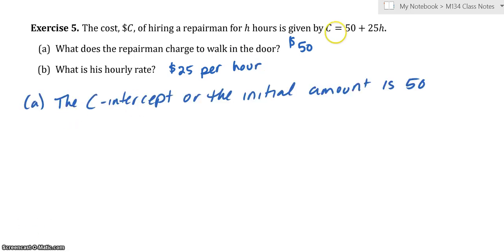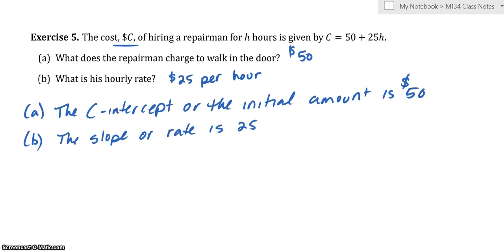So the C-intercept, instead of the y-intercept, I'm calling it C, or the initial amount, is 50. And since C is in dollars, it's $50. Part B, the hourly rate.